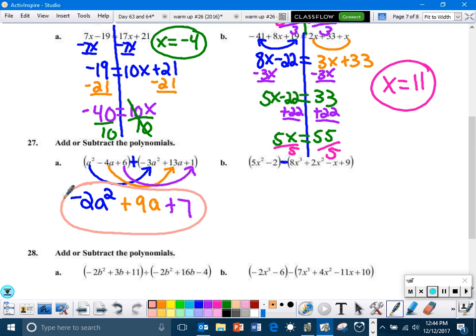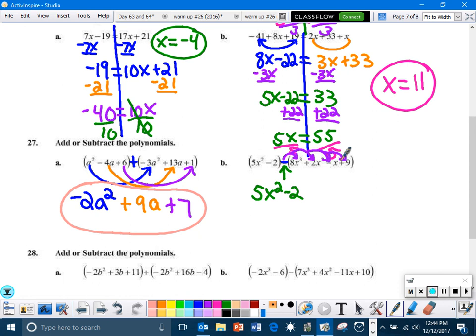Okay, now letter B, because of that minus sign, we have to rewrite this. So the first part does not change. 5x squared minus 2. Now, when there's a minus sign in front, you need to distribute that minus sign through. It's like multiplying by negative 1.